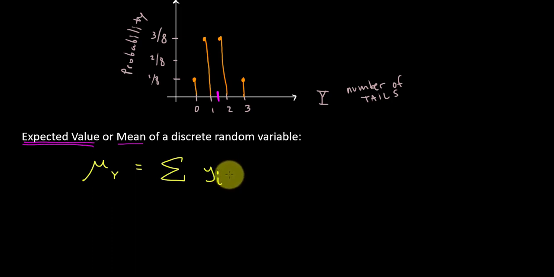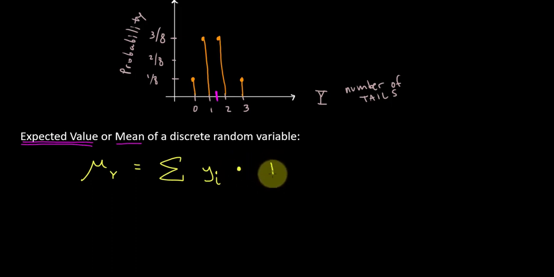However, those values occur at different rates or probabilities. So we would multiply by the probability of observing those y values. So all this text here is just to say those 1/8 and those 3/8.